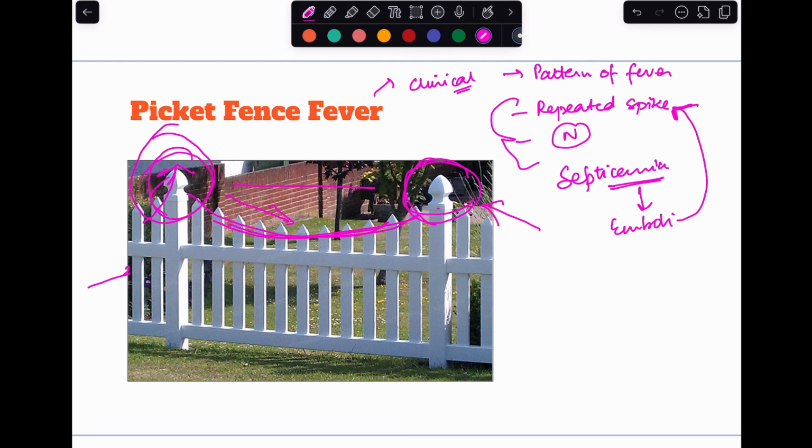So this is typically what we see in picket fence fever, but it is not necessary that you will be seeing this in every single case of lateral sinus thrombosis. Patients who have started to receive antibiotics may not show this fever pattern at all. So that's about picket fence fever and the different signs that you can see in lateral sinus thrombosis.